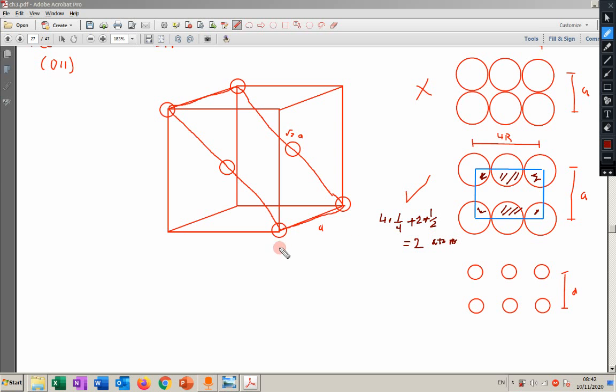Well, we can go and calculate the planar density, because planar density will be equal to the number of atoms over the area. Area will be what?